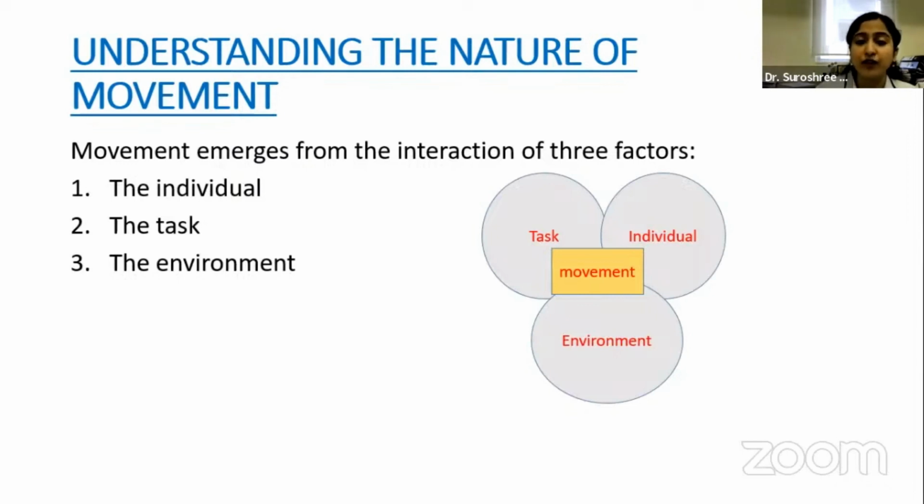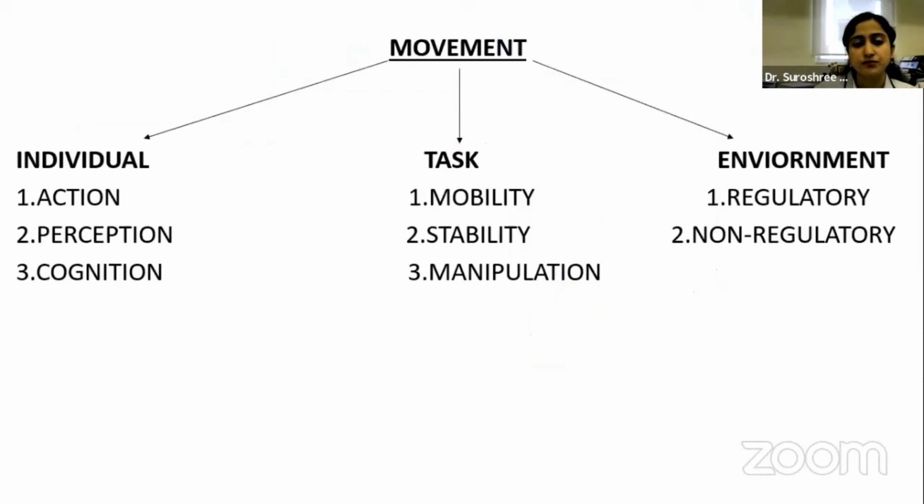Movement will vary if your person is varying, that is either pediatric, geriatric, or any patient who is having some neurological complications or ortho problems, your movement will vary accordingly. Then your environment plays a very important role for your movement. So these are the three factors.